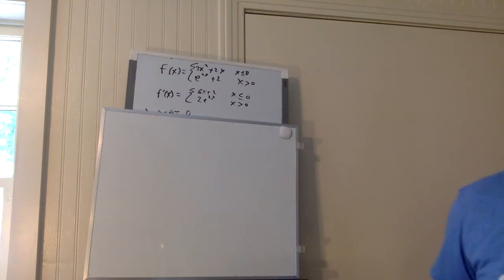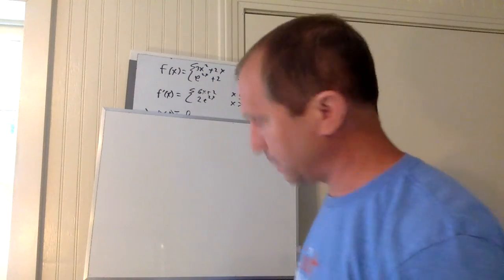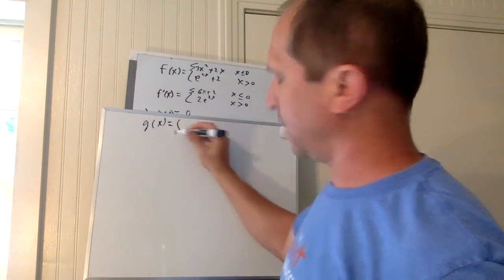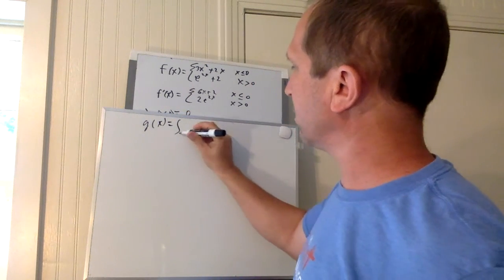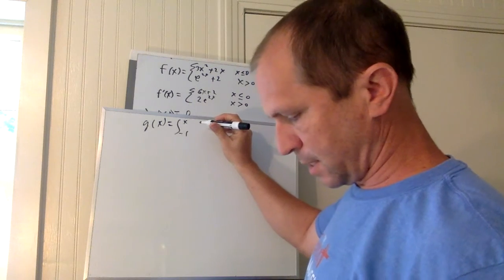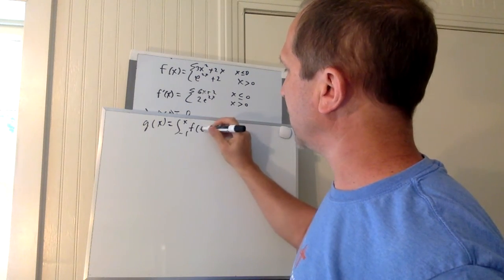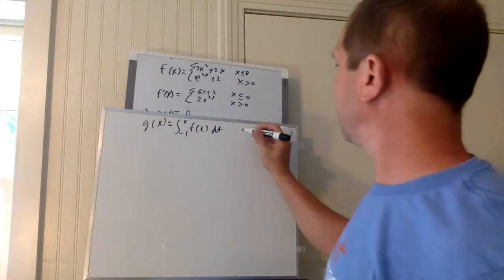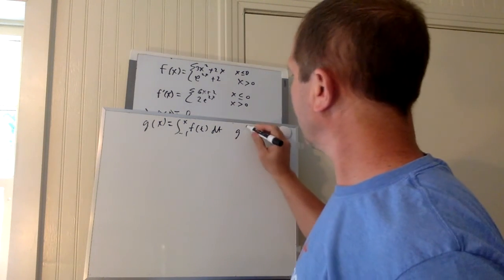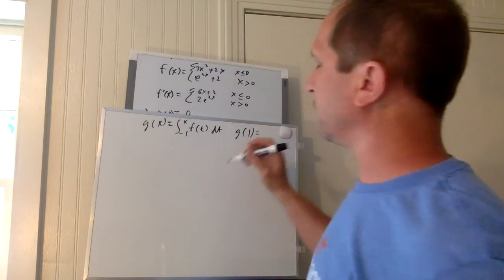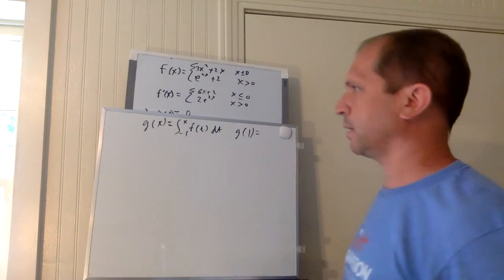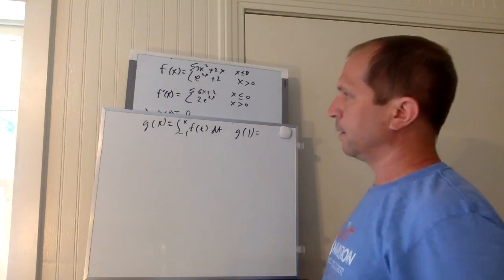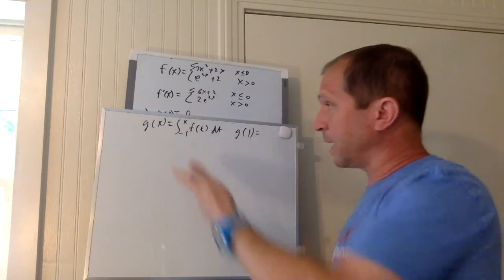Part D is asking about g of x, and it's defining g of x as being the integral from -1 to x of f of t dt. And it wants to know what g of 1 is. Now, typically, in one of these problems, they start asking about g prime. But it's not the case in this one.